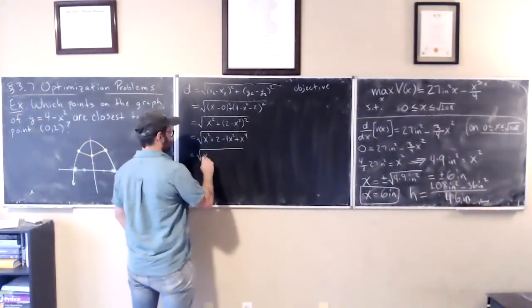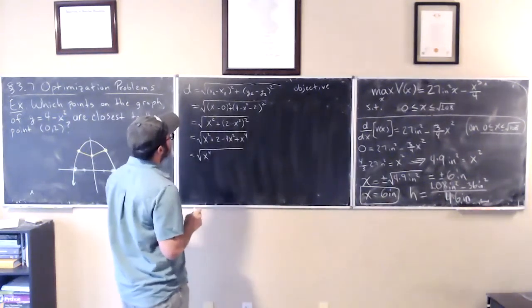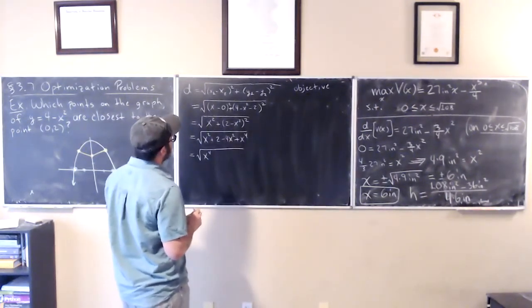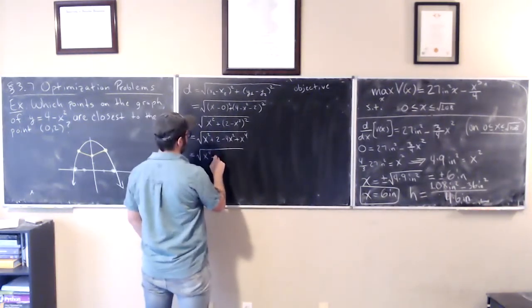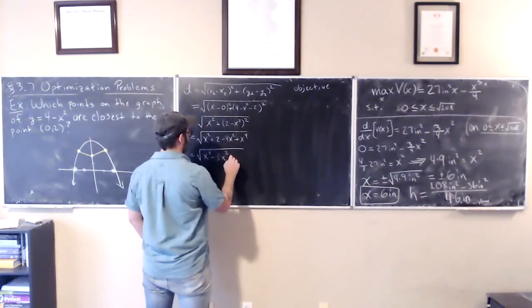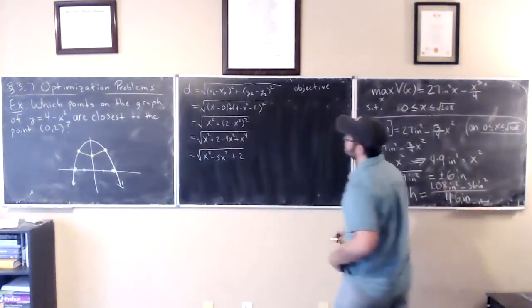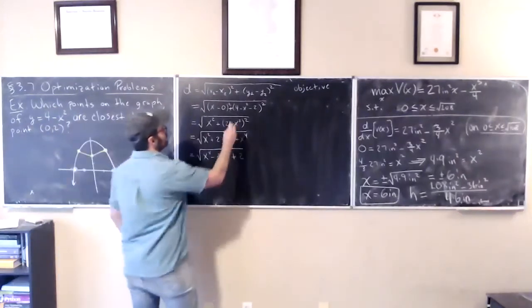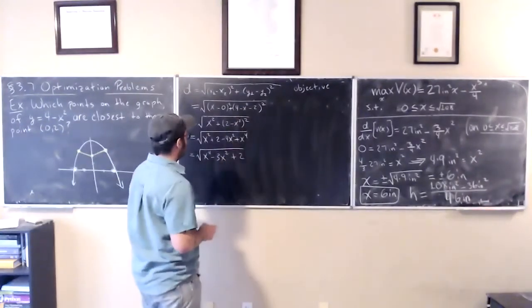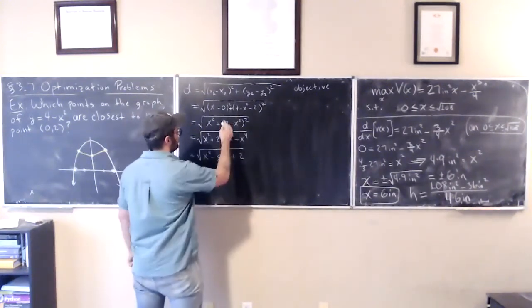Just going to clean it up a little bit. So what does that become? X to the power 4 minus 3x squared plus 2. Did I do that right? Make sure my algebra is working out because I am kind of out of it today. We got plus 4, not plus 2. Oh, yeah, you're right. 2 times 2.